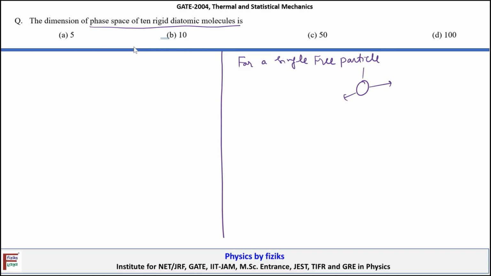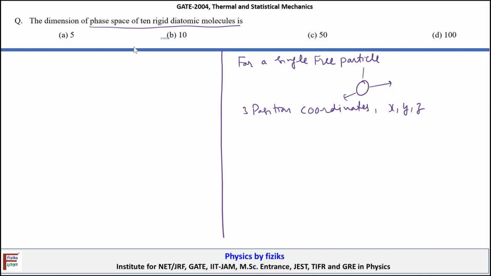So we require 3 position coordinates for the complete description of its motion, that is x, y and z.